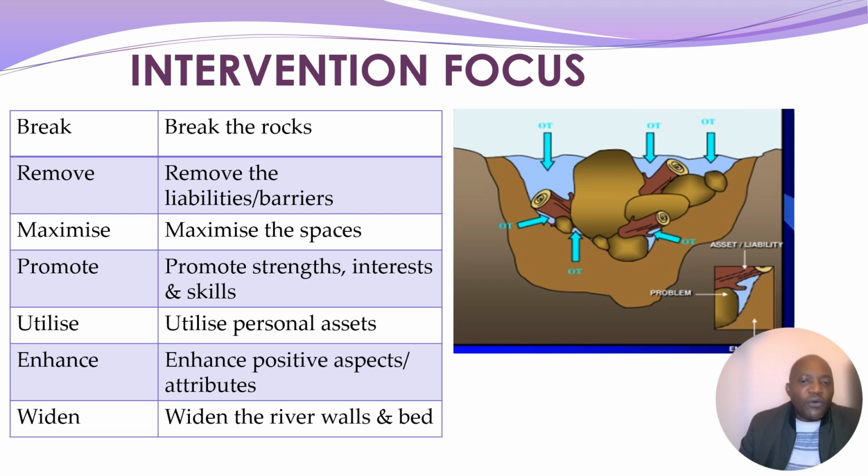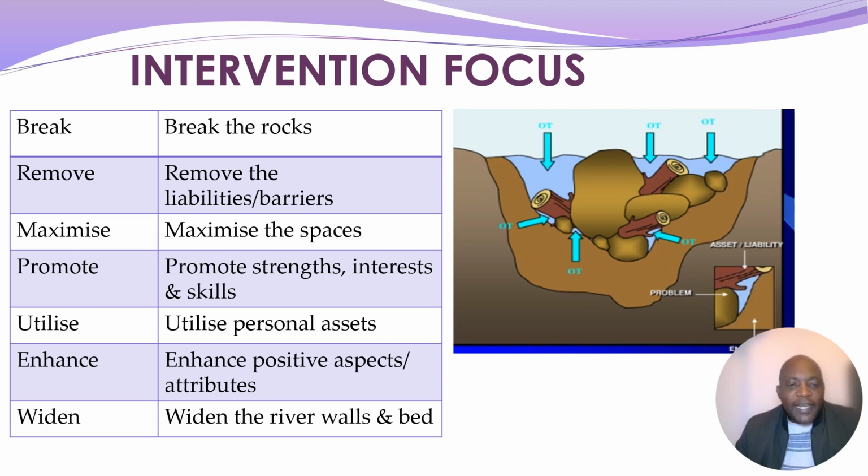We're also focusing on maximizing the spaces, because by maximizing those spaces, we're enhancing or increasing the flow of the river. We also aim to promote the strengths and assets as well as the skills of individuals or community groups, depending on who our client is. We do that by identifying these assets and then maximizing on those assets, personal assets as well.